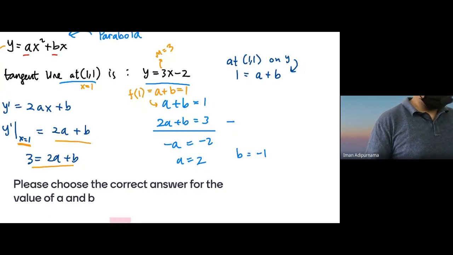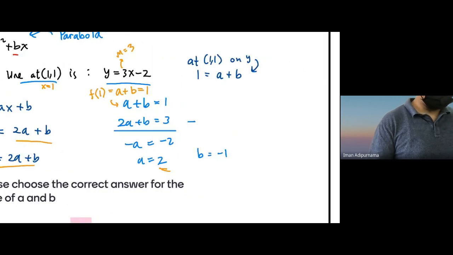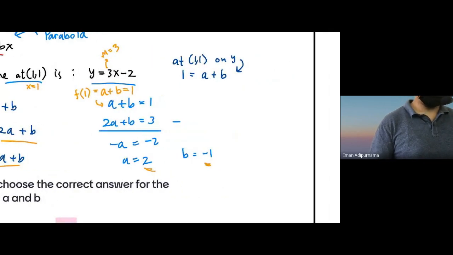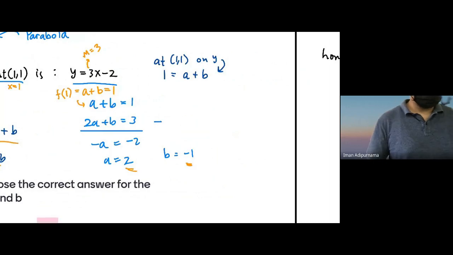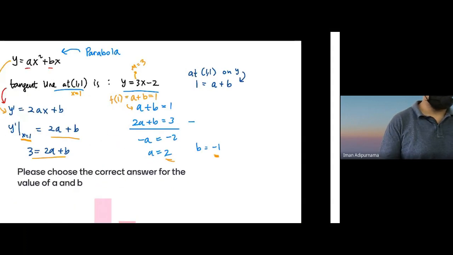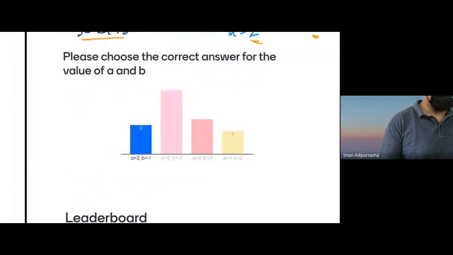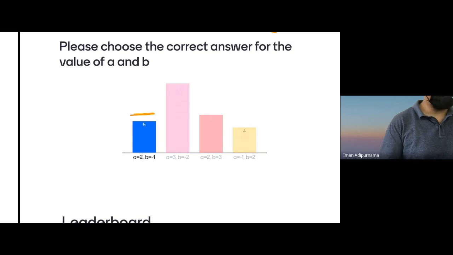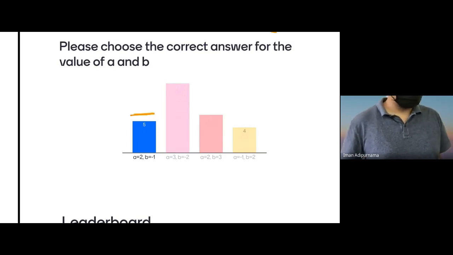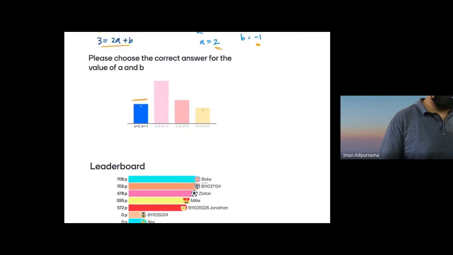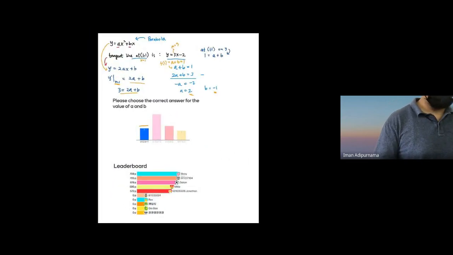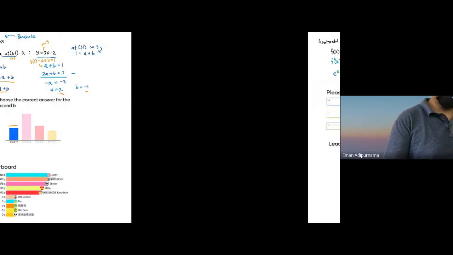We got a is 2 and b is -1. So that is the first option here.